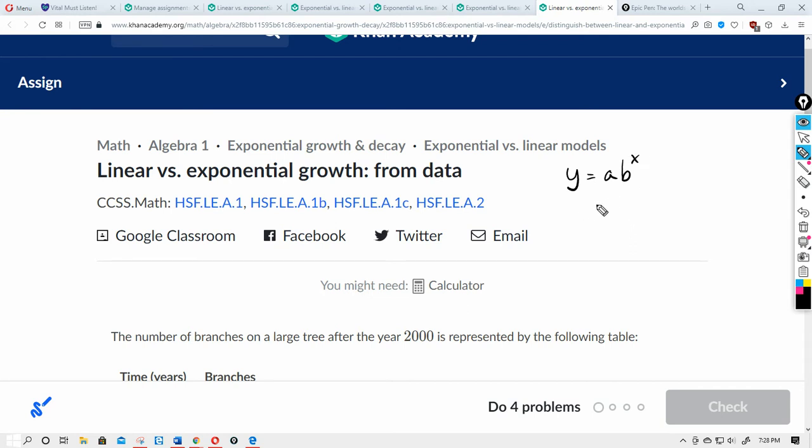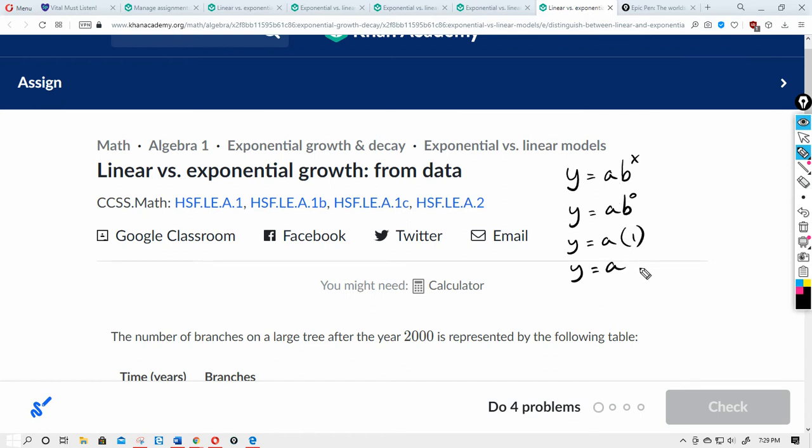Okay, and if you plug in 0 in place of x, you have a times b to the 0, and anything to the 0 is actually 1. So that's going to be y equals a times 1, which is just y equals a.